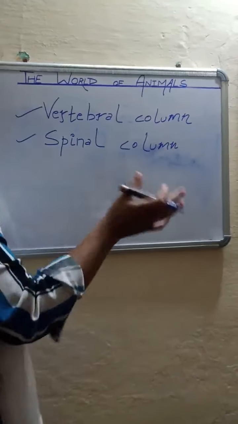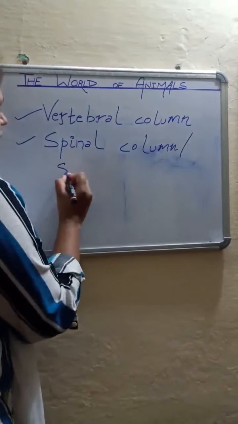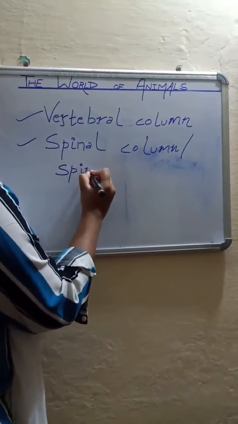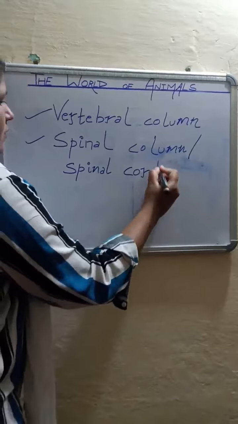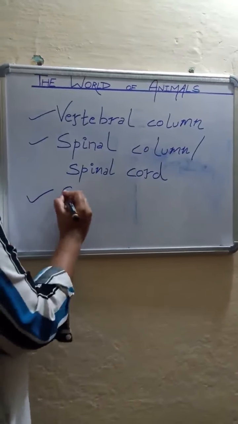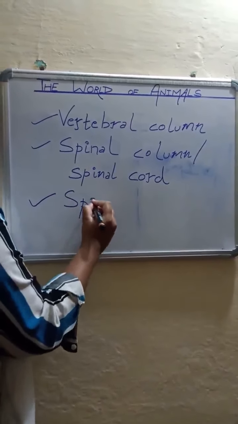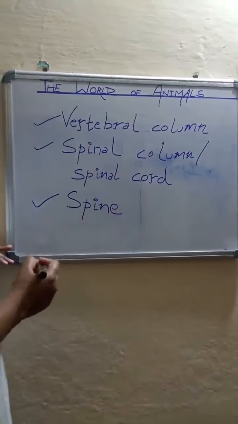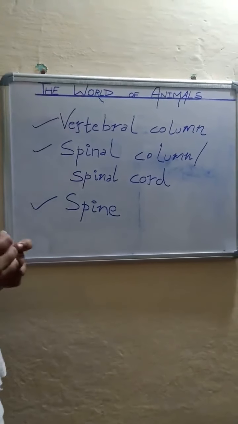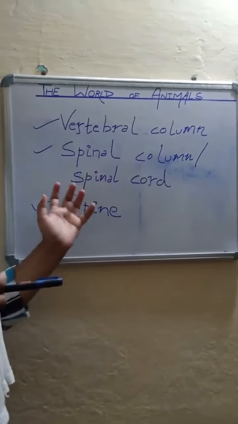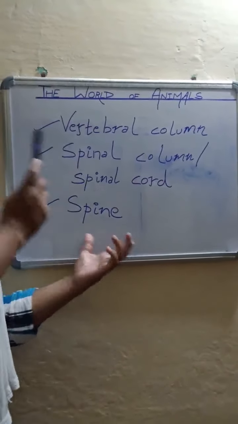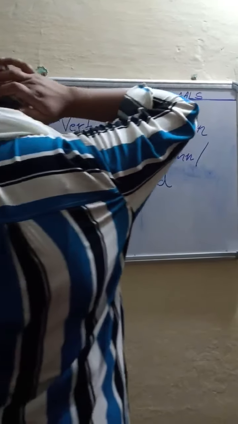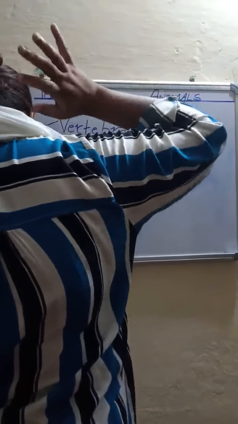Or sometimes the same is known as spinal cord. And the last word is spine. All three mean the same. Whether it is vertebral column, spinal column, spinal cord or spine, the meaning is all the same. It starts from the top of the head, or you can say just from the head, till the waist.